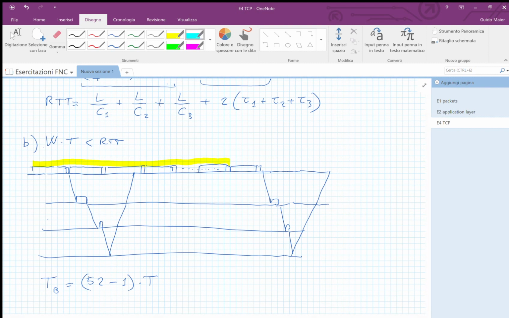And then we have the last component. What is that value? What is it that we have to add? So we have 51 transmission times plus round trip time.